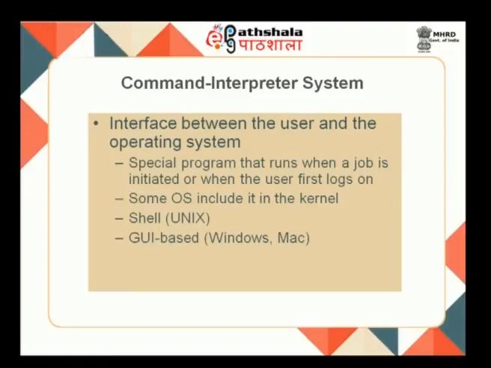For example, in Unix it is the shell, which is invoked whenever the user first logs into the system. The user can give commands to the shell, and the shell will in turn interact with the operating system and execute those commands. Or it can be like the GUI that we have in Windows or Mac systems.